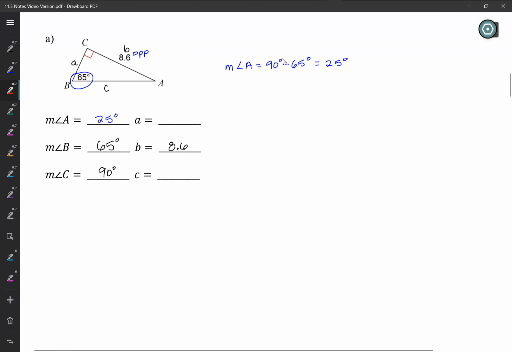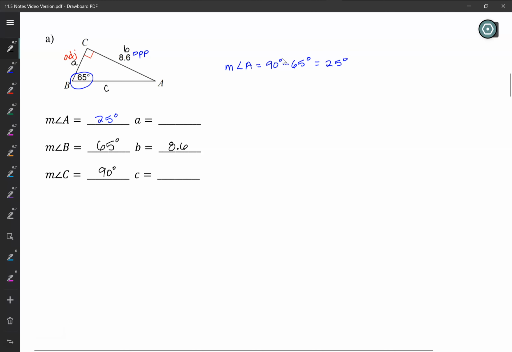So A is right next to the 65, and it is not the hypotenuse, so it would be adjacent. SOHCAHTOA, TOA. Tangent is opposite over adjacent.